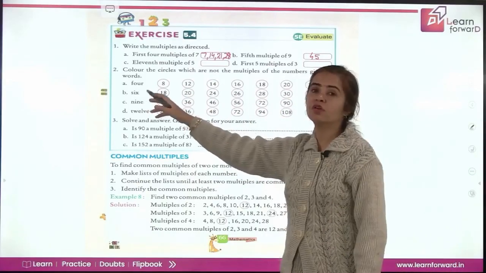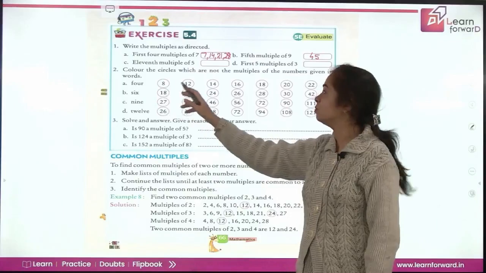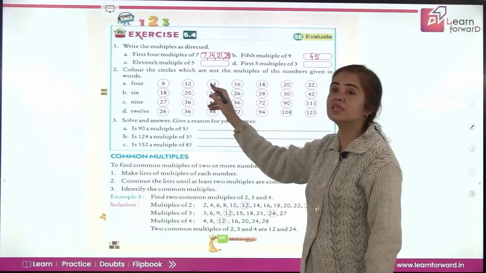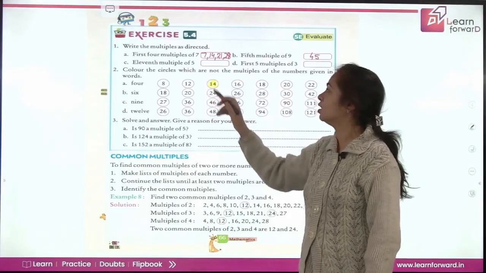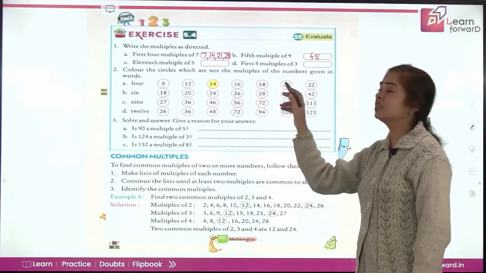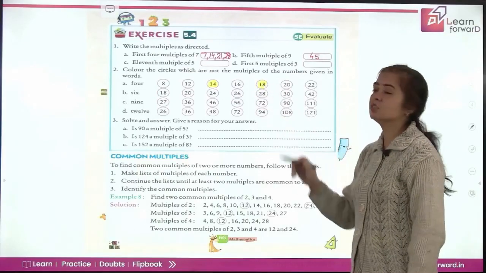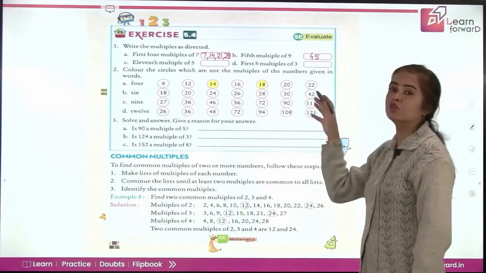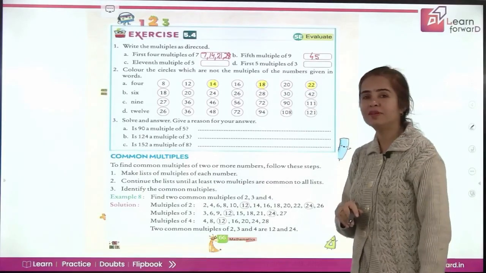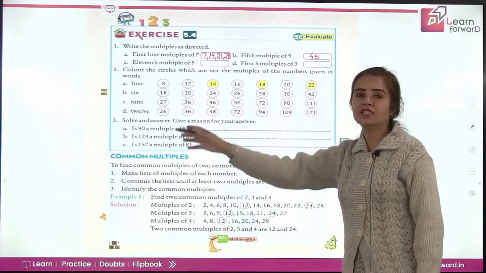For 4, 4 2s are 8, it is divisible. 4 3s are 12, it is divisible. 4 4s are 16, 14 is not divisible, so it is not a multiple. 4 5s are 20, again 18 is not a multiple. And 4 6s are 24, again 22 is not a multiple. So let's do the rest of the parts like this.